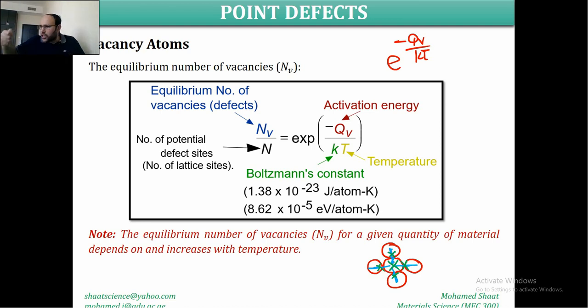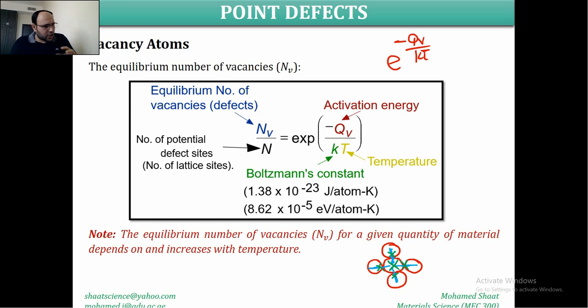The amount of energy needed to break these bonds, which is responsible for removing an atom or creating a vacant lattice site, is known as the activation energy. So again, the activation energy is the energy needed to create a vacant atom, to remove an atom. How? By breaking bonds. We have to break the bonds first.